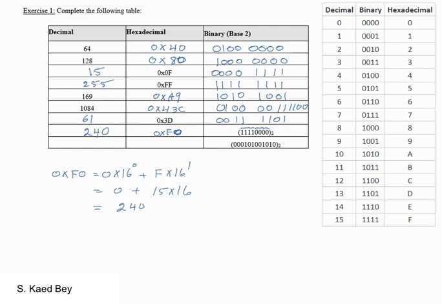Similarly, if we look at the second binary number and divide those into 4 bits each, you will find that the first one, 0101, is equivalent to letter A. And the second one is 4, and the third one is 1.